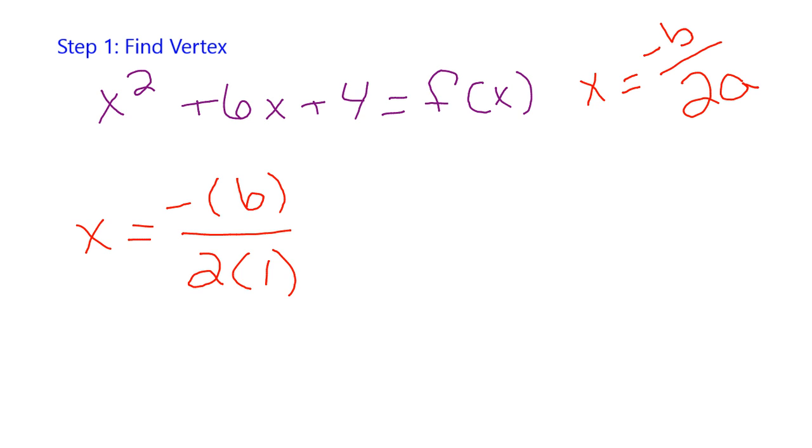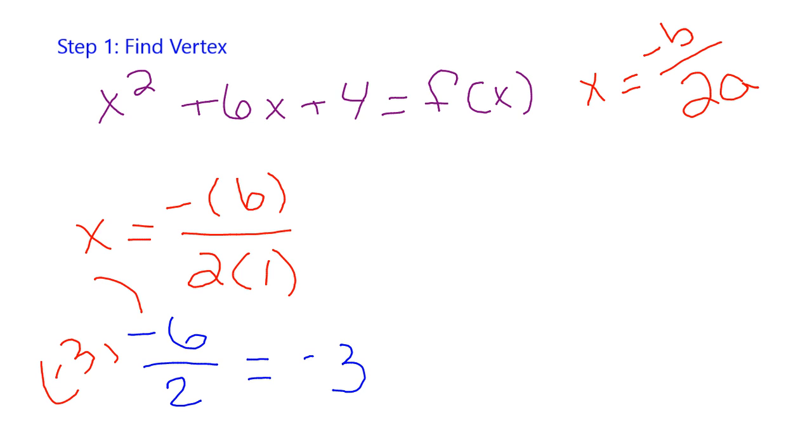And I'm going to solve that. When I solve that, I get negative 6 over 2 times 1, which is 2. And then negative 6 divided by 2 is negative 3. That gives me my x value of the vertex. So if I went off to the side, my x value is negative 3.